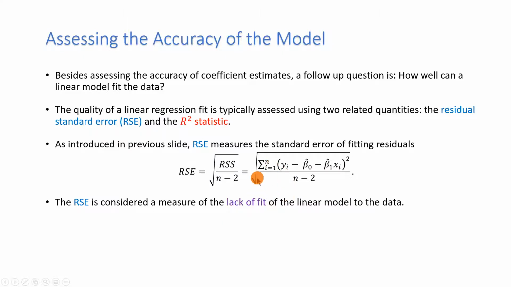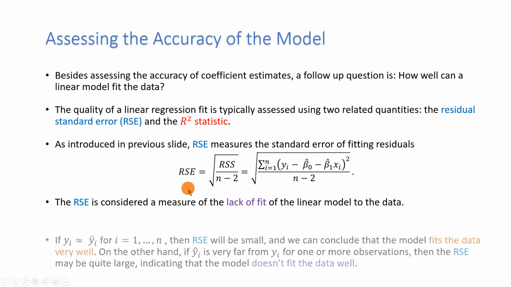So in that sense, you can say the residual standard error is no more than just a transformation of your residual sum of squares, right? You just divide by a constant and take the square root. So when the residual sum of squares is large, your residual standard error is large, and when it is small, your residual standard error is also small.